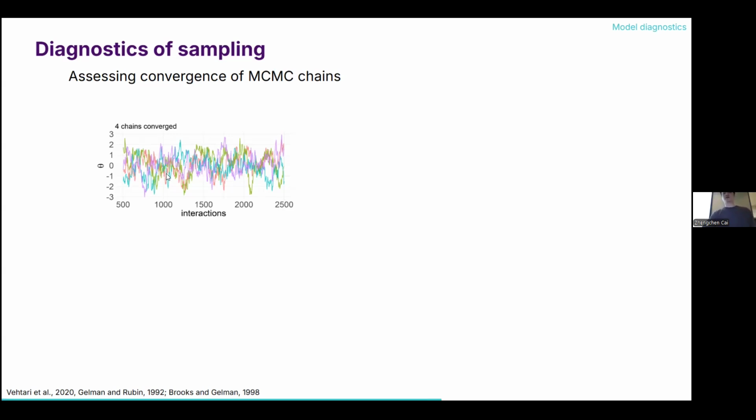So I can plot the trace of each chain and then visualize it. What you see here is each chain is going up and down and exploring the range of this theta. And with 4 chains, you don't differentiate them very well. They mix very well. So it's an indication of convergence.